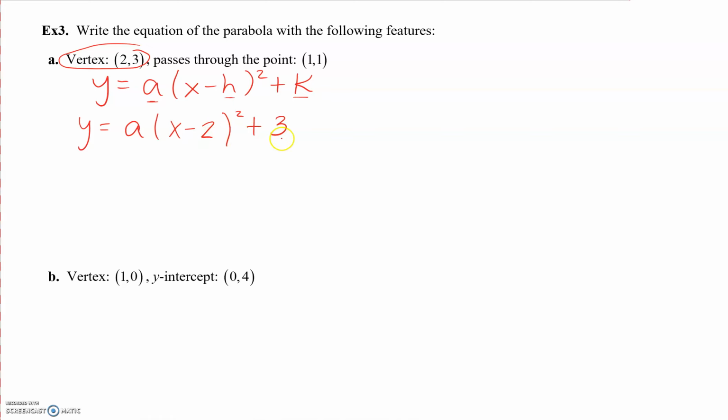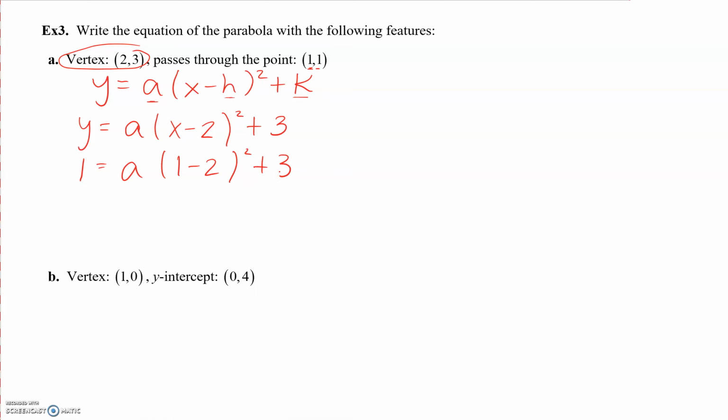Now that I've plugged in my vertex, I go look at the second part of the question, which has the information that this parabola passes through the point 1, 1. If it passes through the point 1, 1, that means I should be able to plug in 1 for y, because that was the y coordinate, and 1 for x, because that was the x coordinate. This is going to allow me to find a.